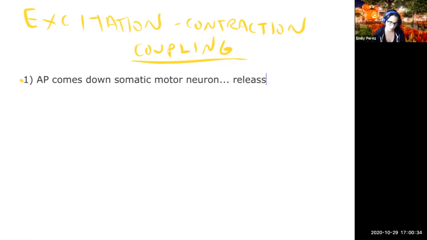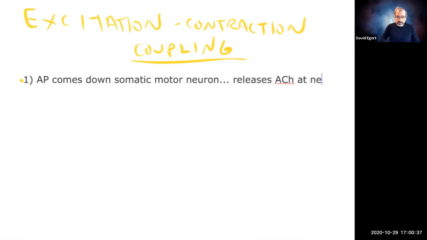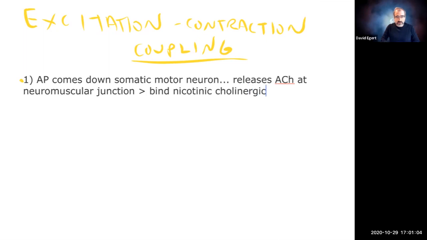So it releases acetylcholine at the neuromuscular junction, which is going to bind the nicotinic cholinergic receptors on the sarcolemma.